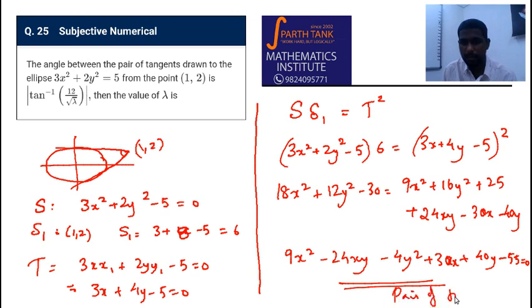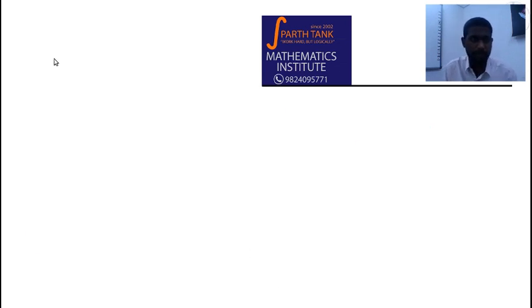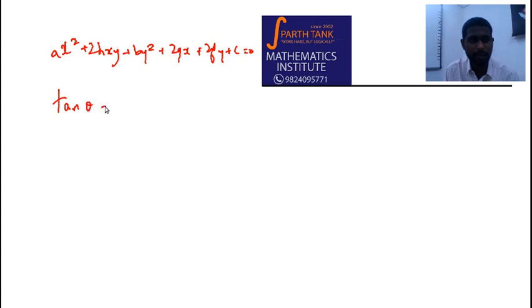Okay. Now this is represented in a pair of straight lines form. Now in a pair of straight lines form, that is, if I have ax squared plus 2hxy plus by squared plus 2gx plus 2fy plus c is 0, the angle between the lines is given by tan theta as mod of 2 square root of h square minus ab by a plus b.